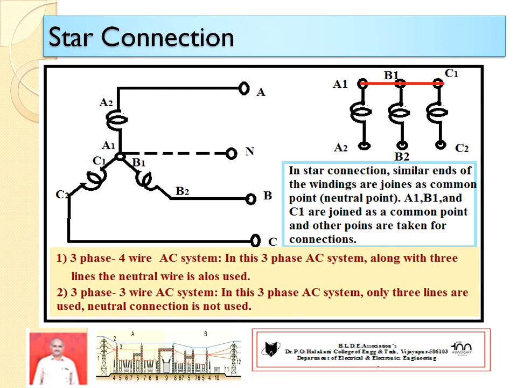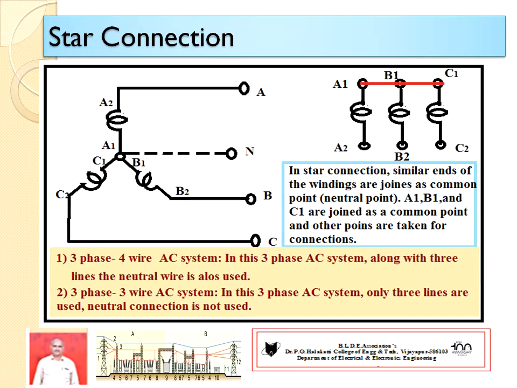Getting the idea? So now I took A1, B1, C1, the same terminals of the windings, and they are connected together. A2, B2, C2 may be taken for connection. Now come to the electrical representation. There, A1, B1, C1 are joined at a common point. This connection is marked by N. This is the neutral connection.